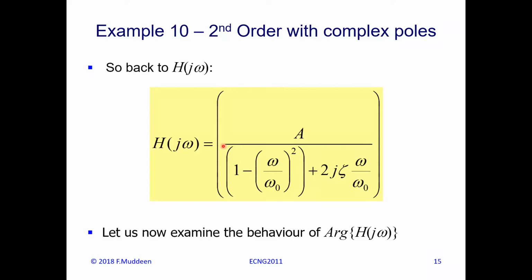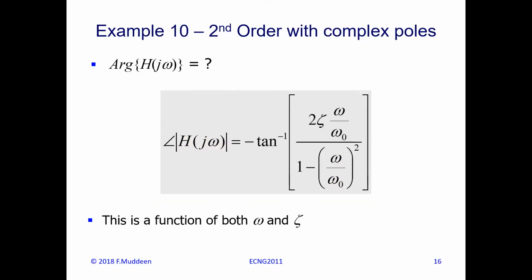But because it's on the denominator now, we basically put a minus sign in front of the tan inverse. So as such, we will get the resulting equation being here. The minus here indicates that the term was on the denominator that we are accommodating for, tan inverse of the imaginary component divided by the real component.